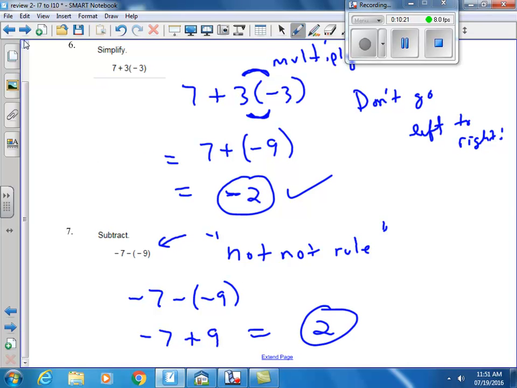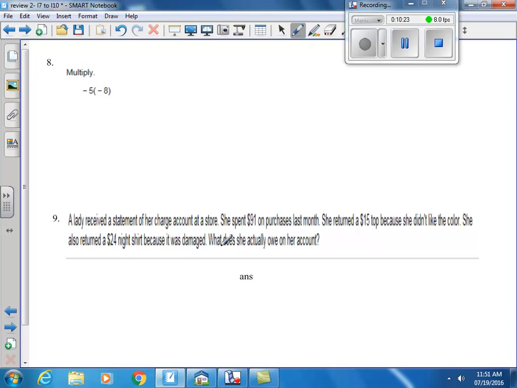Okay, let's head to the next one. Here you have a negative times a negative, which is clearly a positive, 40. Now that's a tiny itty-bitty problem, but again, we're doing this without a calculator, so we have to know that a negative times a negative is a positive. We just have to become strong before we go into future levels of math.